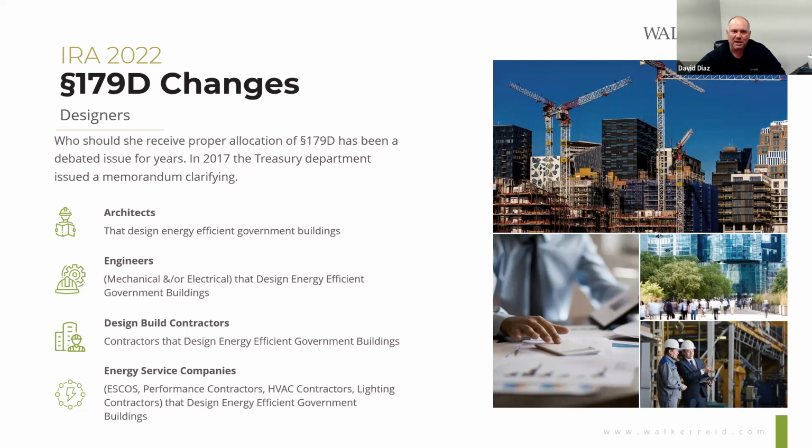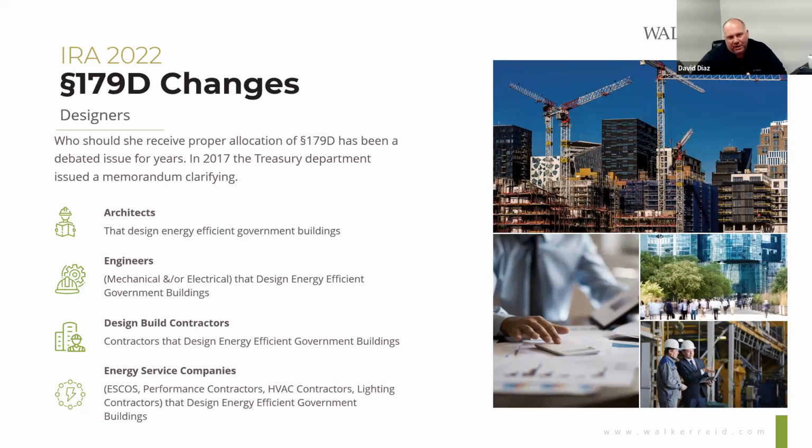But speaking retroactively and speaking in the past, 2022 and before, you've had the ability for government-owned buildings to allocate these deductions to the primary designers responsible for the design of the energy efficient commercial building property that's being installed.